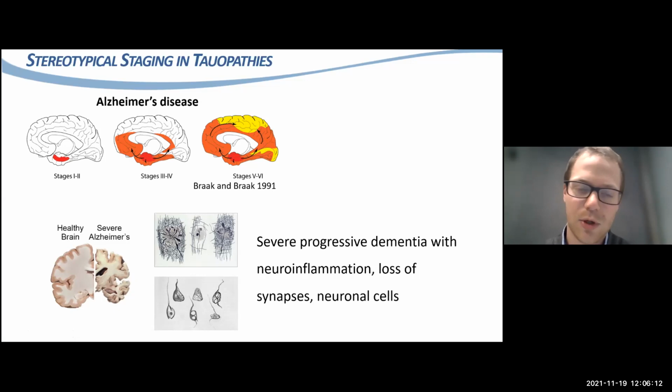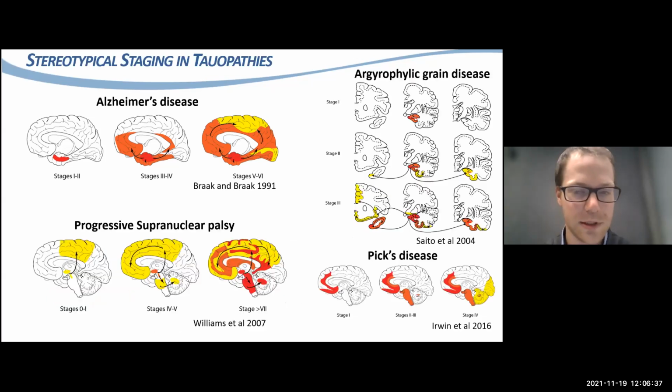It takes years to happen, and that's accompanied by loss of synapses, a lot of neuroinflammation, and ultimately loss of neuronal cells. This stereotypical staging progression of tau in the brain correlates very well with symptoms in Alzheimer's disease.